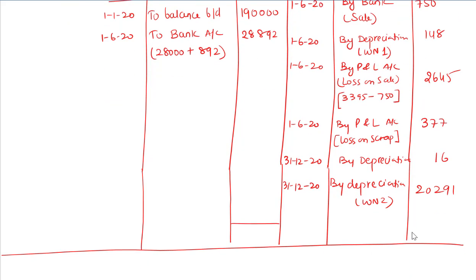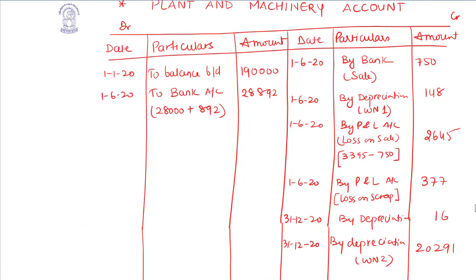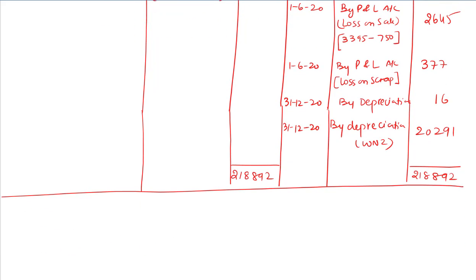1,90,000 plus 28,892. Do it on your calculators. It is 218,892. Deduct all the amounts, that is 750 minus 148 minus 2645 minus 377 minus 16 minus 20291.